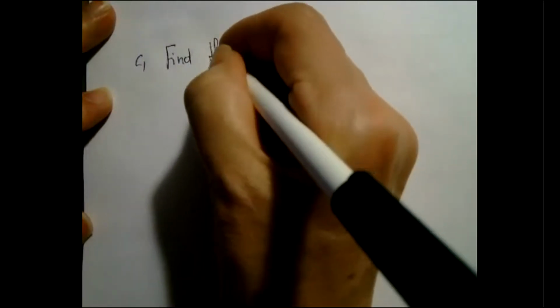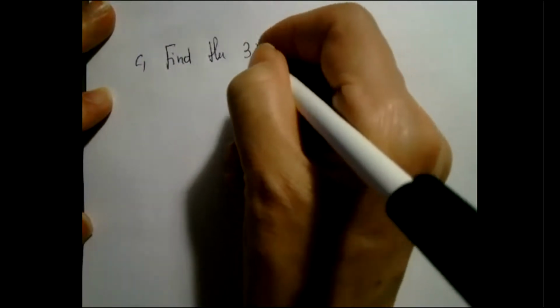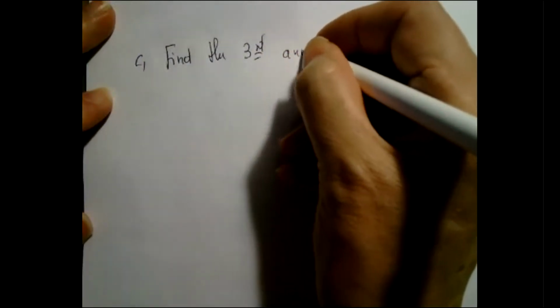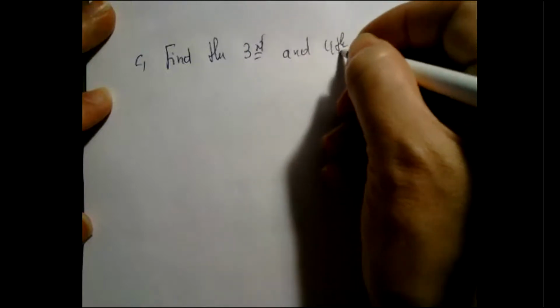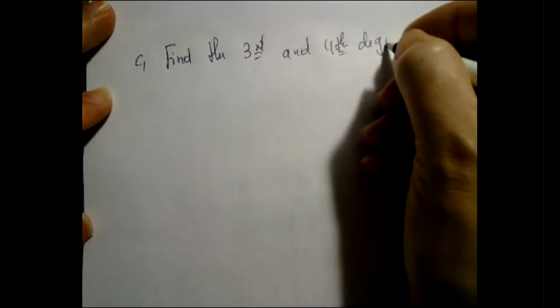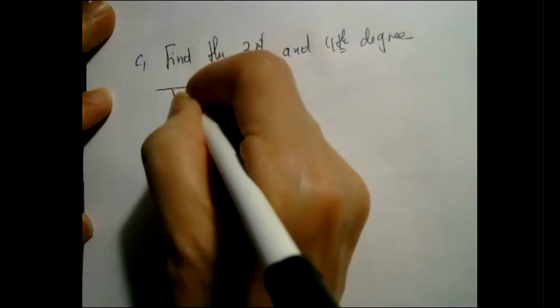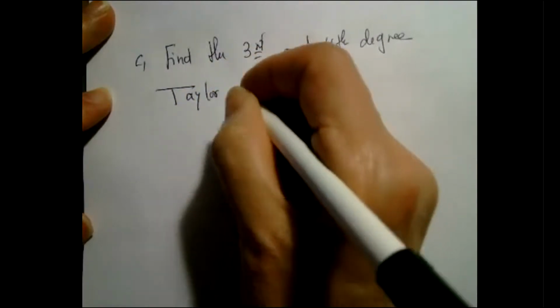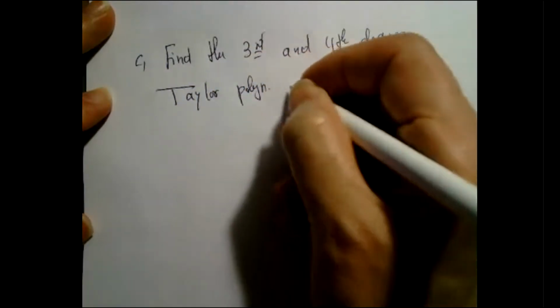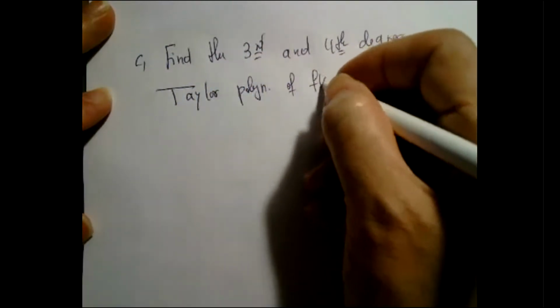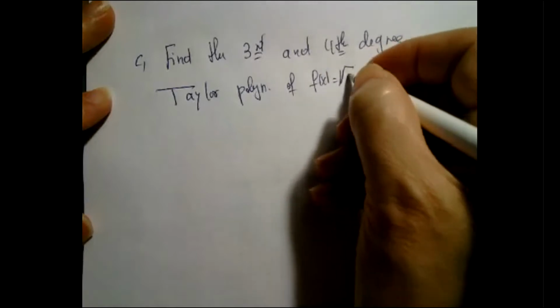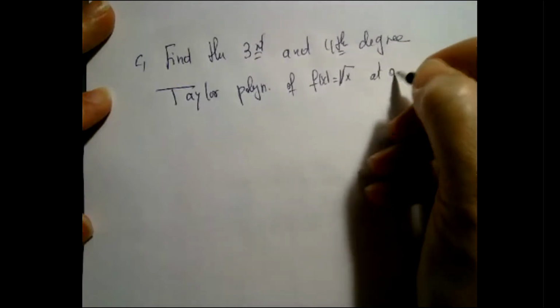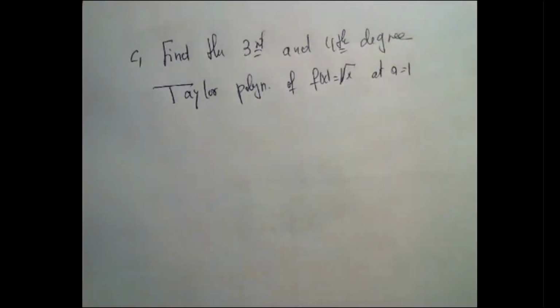Find the third and the fourth degree Taylor polynomial of the same function at the same point. So we're going to approximate it better. Does my approximation work only at or near that point?